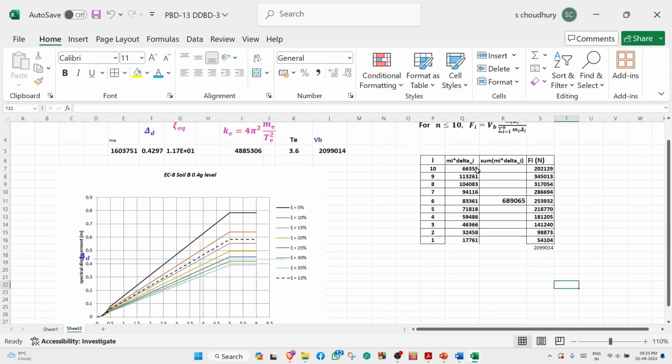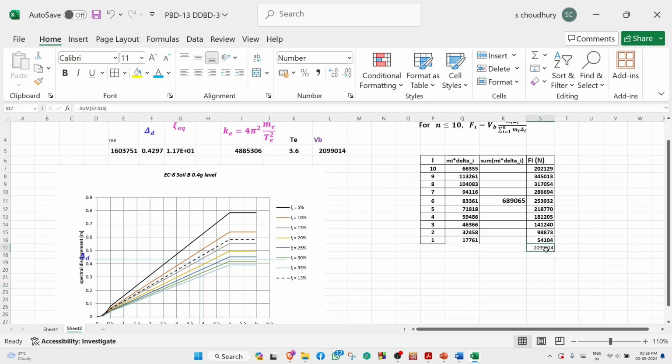Now these forces are to be applied in the computer model at different floors. There are two ways of putting the forces in the model. One way is to put this force at the CG of the floor, at the representative point. Another way is to divide this force by the number of frames available and distribute it over the frames in the floors.